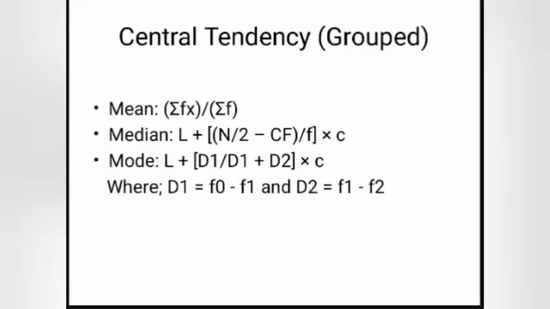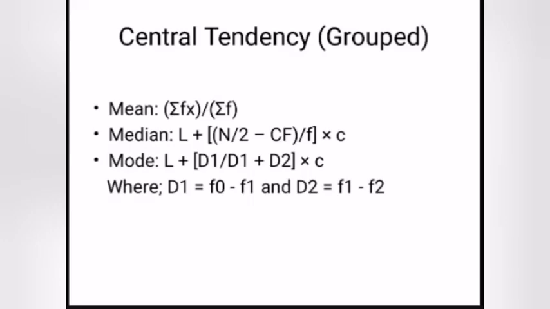So the formula for mode for grouped data is L plus data 1 over data 1 plus data 2, times class width. Data 1 is f naught minus f1, and f naught is the frequency before the modal class.